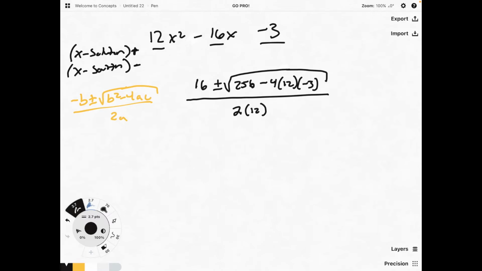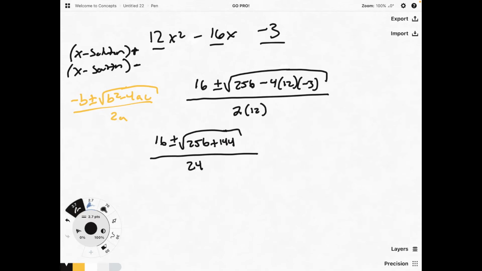Now let's simplify. We have 16 plus or minus the square root of 256 plus 144, because we have 4 times 12, which is 48. 48 times a negative 3 is 144. Divide that by 2 times 12, which is 24.